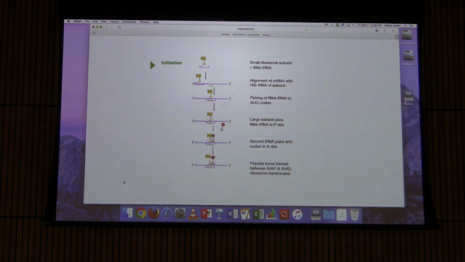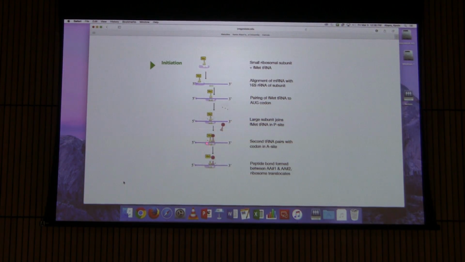Another thing that happens in the process is that the initiator methionine in bacterial cells, that's F-met, forms a base pairing with the AUG, because now it knows where to go thanks to the alignment of that Shine-Dalgarno sequence. Okay?